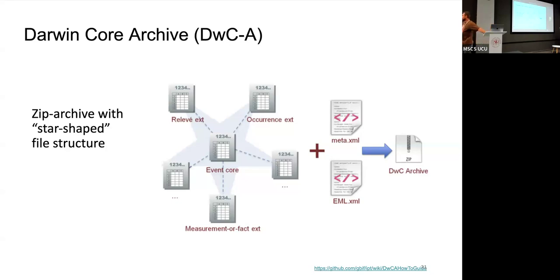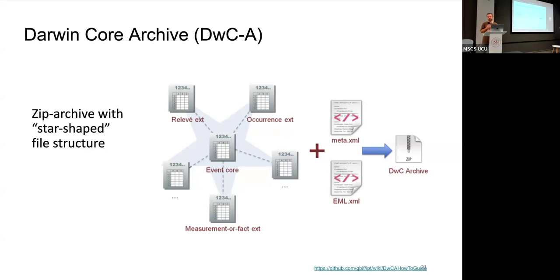In this example, the core of the data is the so-called event core, which describes in controlled vocabulary the plot: where, when, who, in which conditions, all the information about this plot, geographical coordinates, date, and methods applied to the survey. Linked with the core are some other tabular units, other spreadsheets.